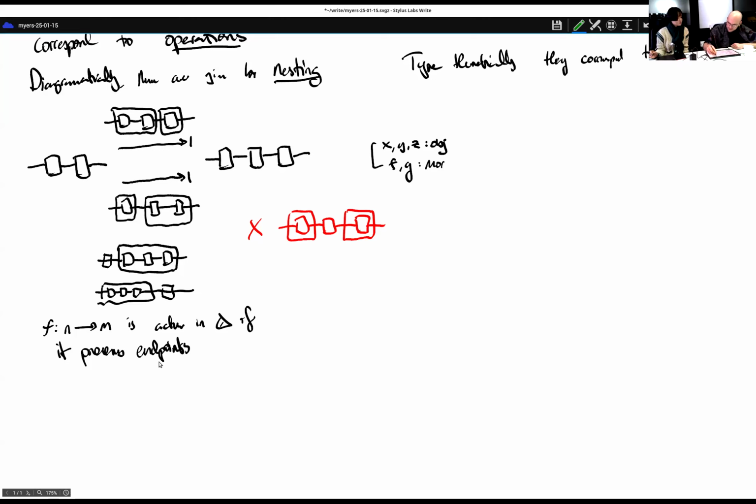But that's too lazy. I hope you'll let me get away with X, Y, Z of type object, and F of type morphism X, Y, and G of type morphism Y, Z. Okay, and then over here, X, Y, Z, W are objects, and then I'm going to have F, I'll just write it as X to Y, G, Y to Z, H, Z to W.